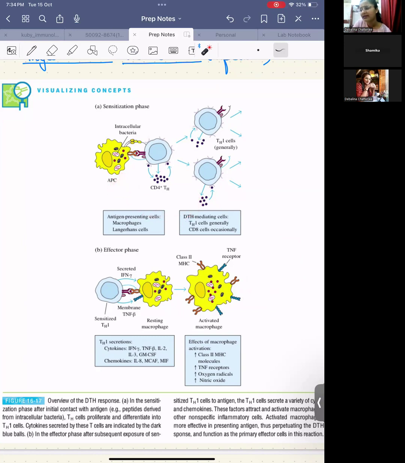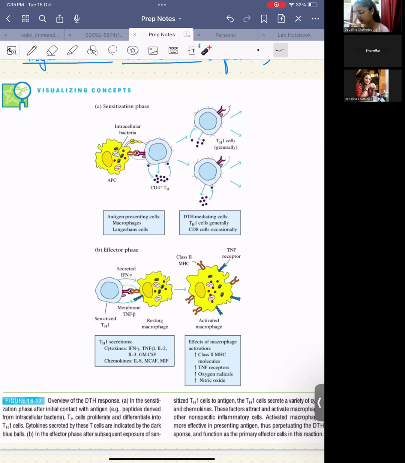So the first phase again is your sensitization phase, where we have the initial encounter by the bacteria that is mediating this hypersensitivity. In this particular example, it's a bacteria that they have taken up. And eventually, when this activated macrophage again encounters the same bacteria, it is going to produce a lot of cytokines, and it's also going to produce active components, which in themselves can damage the tissue.